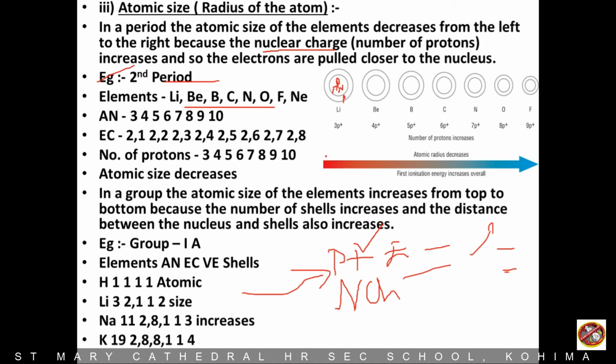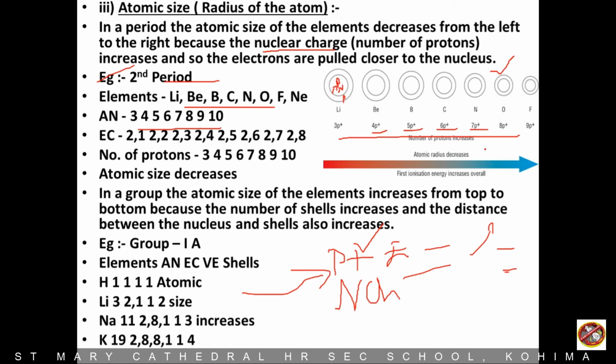So what we can see over here is that from left to right, even though the number of electrons is increasing, the size is getting decreased.